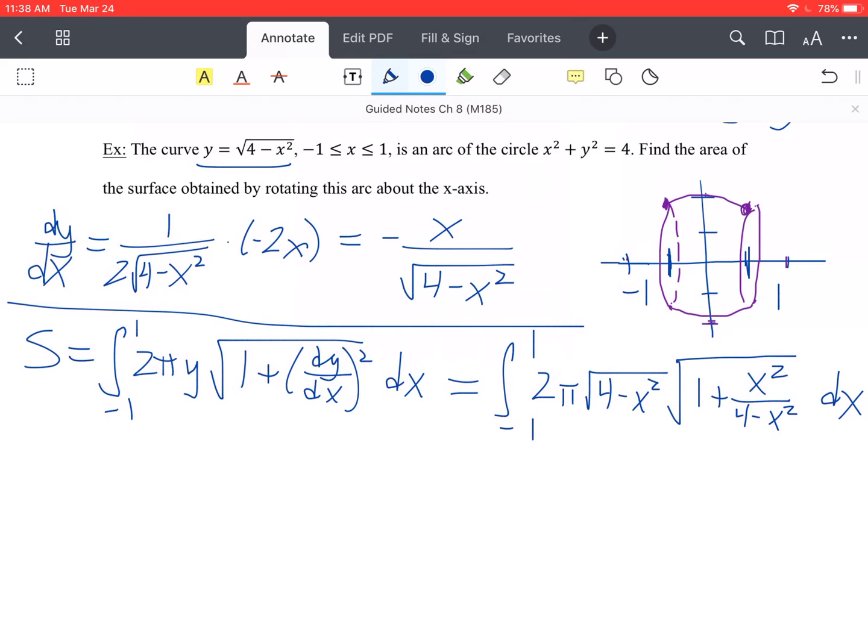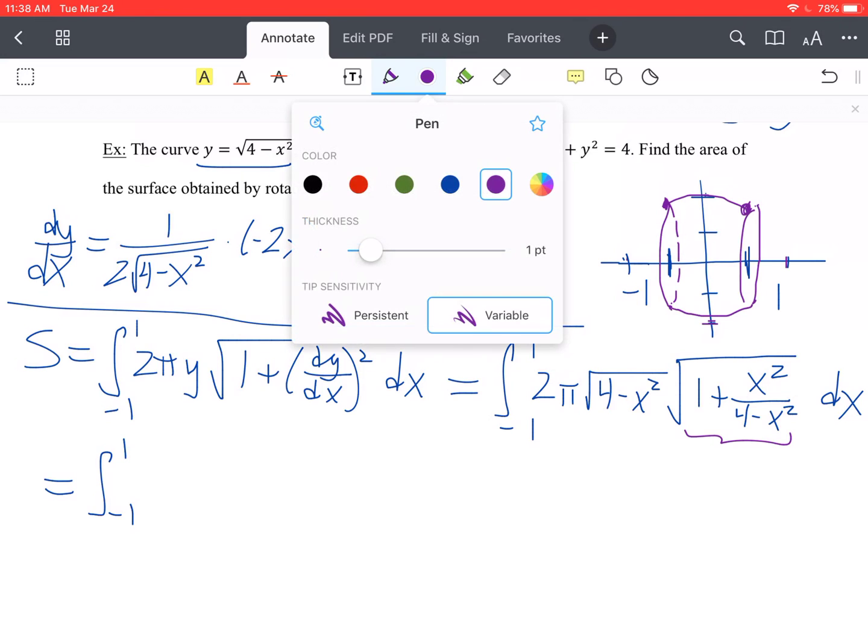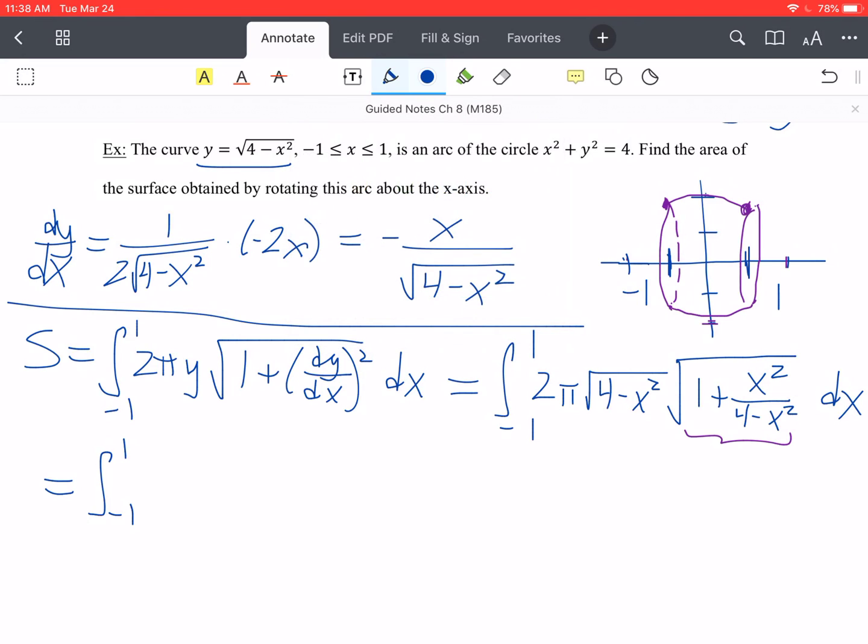So now we need to play around with this a little bit in order to get it to a point where we can actually integrate. So what we're going to do is within this square root here, I'm going to get a common denominator. So try to combine those two. This is going to give us, let's see, we still have 2 pi times square root of 4 minus x squared.